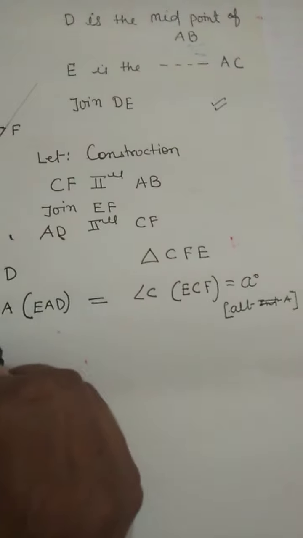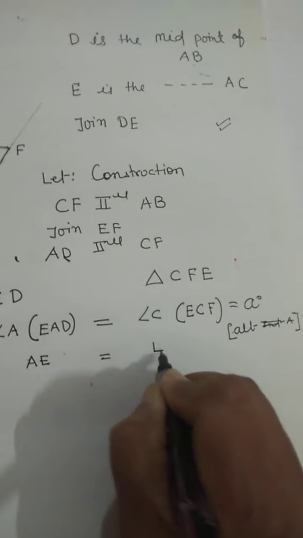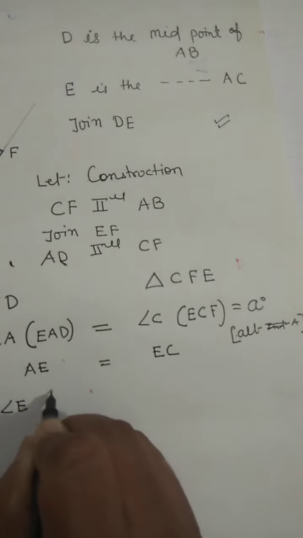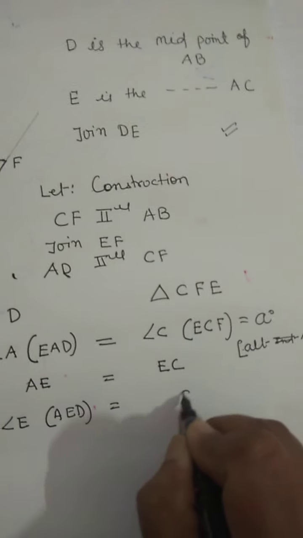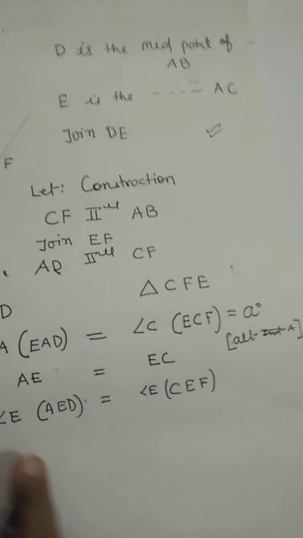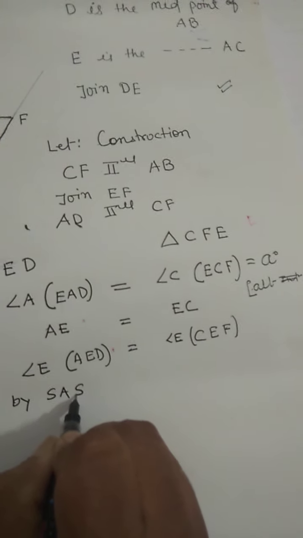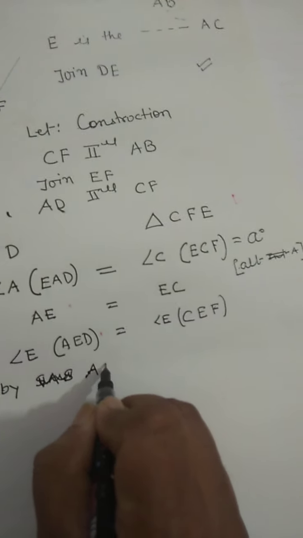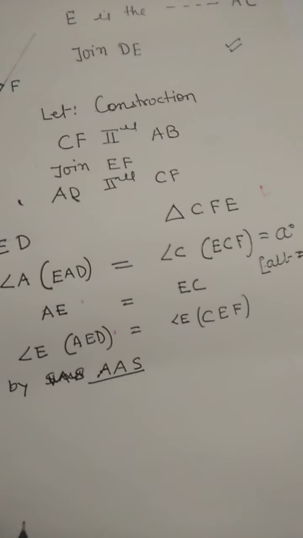And AE is equal to EC. And angle E, we can say this is AED, is equal to CEF, angle E. So we can write here by angle side angle.